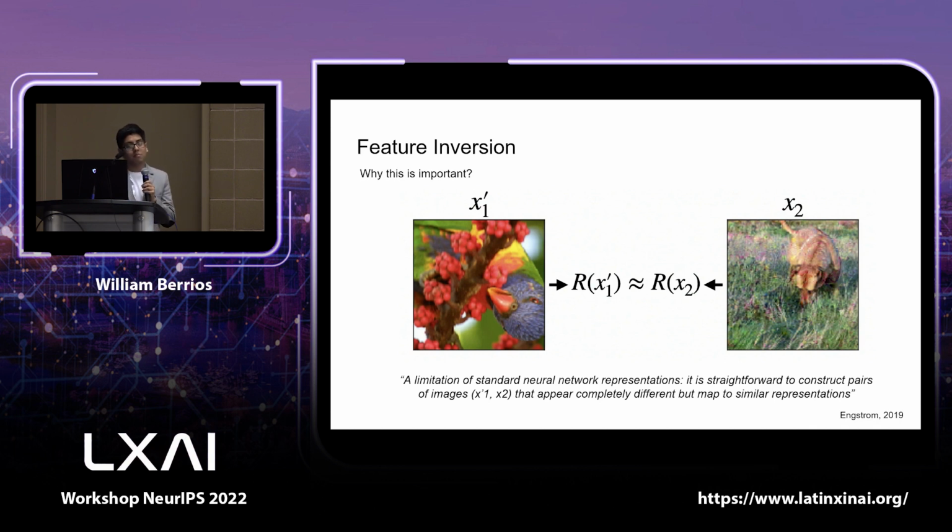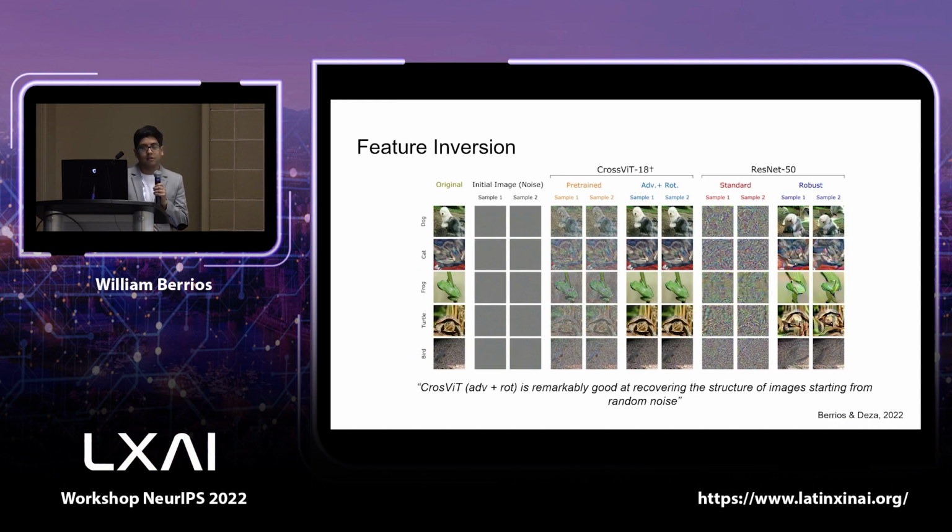Why is this important? Because there is a limitation of standard neural network representations. For example, here we have x1 prime and x2, and we see that even though they look very different, they map to similar representations, as in the paper by Engstrom in 2019.